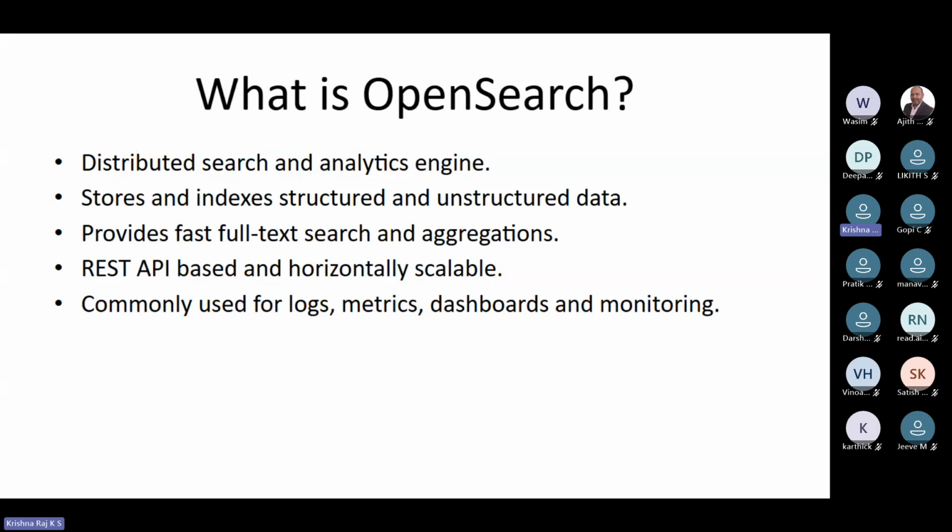So a user can store millions of records, and OpenSearch provides a more convenient way for the user to visualize the data and everything. OpenSearch is mainly used for logs, metrics, and dashboards. So it will be more useful for the administration and troubleshooting teams which use OpenStack as a cloud environment.